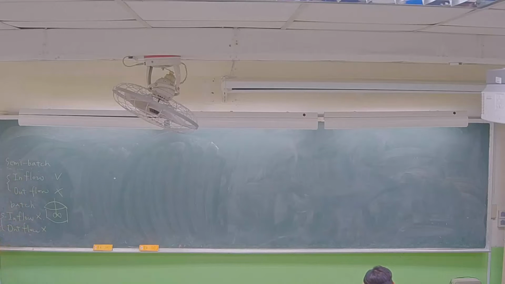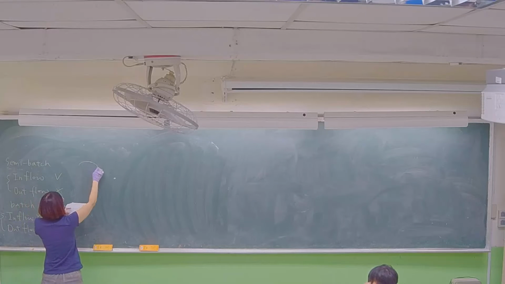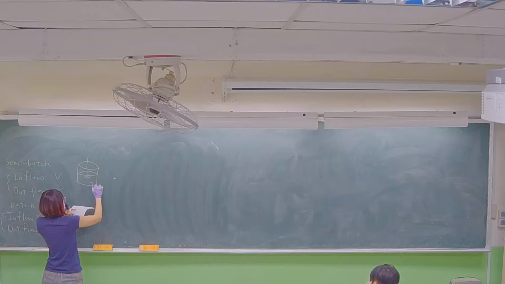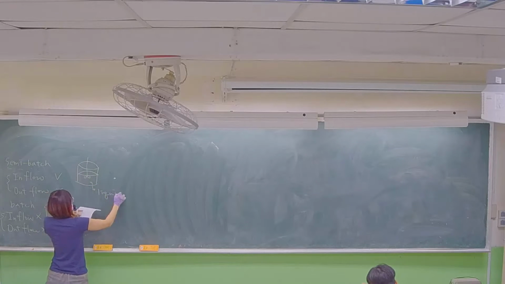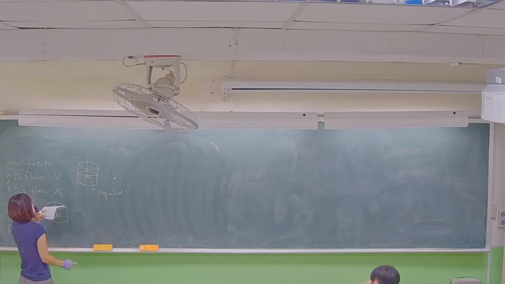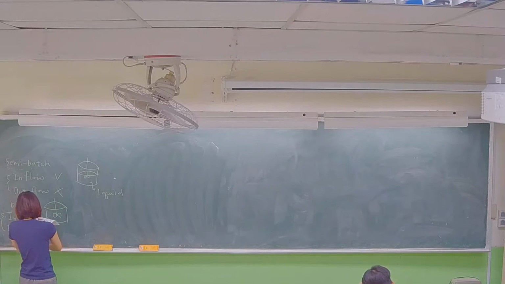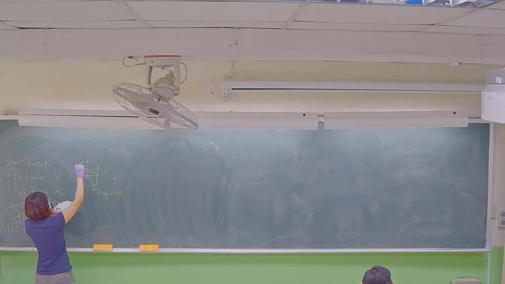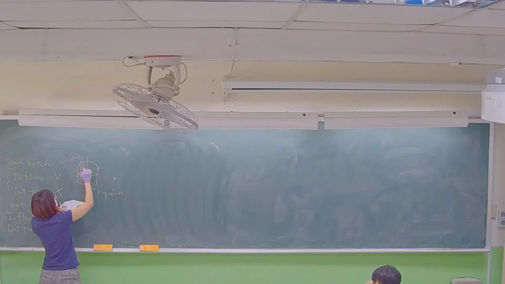Okay, it is like a 2-phase reactor with gas bubbles through the liquid. So that means initially there is liquid in the reactor. During the reaction, there may be a tube.